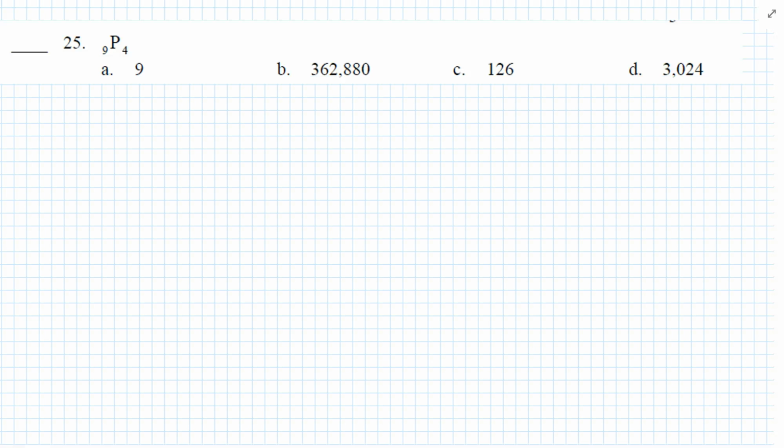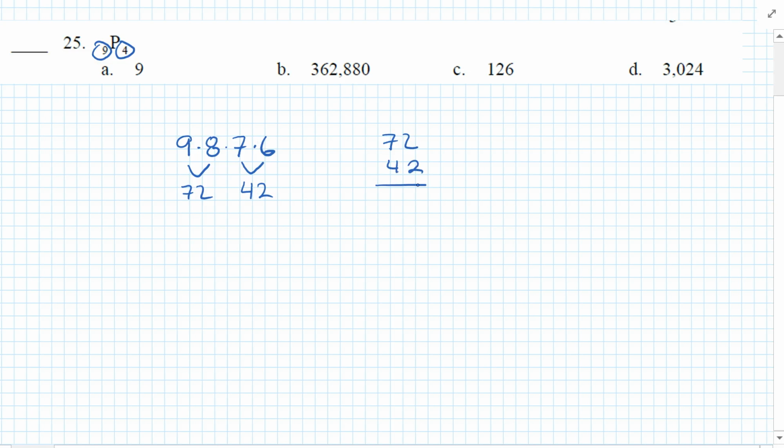All right, permutations. 9 permutation 4. Okay, what this is saying, the easiest way to do it is we're going to start with 9 and we're going to go with 4 terms. So a permutation is going to be 9 times 8 times 7 times, we're going to stop at 6 because it's 4 terms. Okay, and again, calculator work would make this 72 times 42.